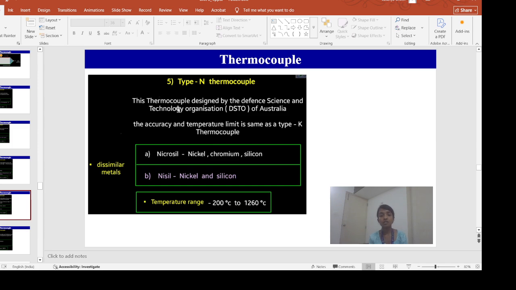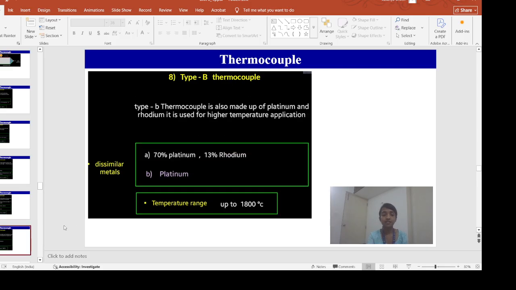This thermocouple is designed by the Defence Science and Technology Organization or DSTO of Australia. The accuracy and temperature limit of this type N thermocouple is the same as the type K thermocouple. Here the materials are nicrosil, which is the combination of nickel, chromium and silicon, and nisil, which is the combination of nickel and silicon. Temperature range is minus 200 degrees Celsius to 1260 degrees Celsius.